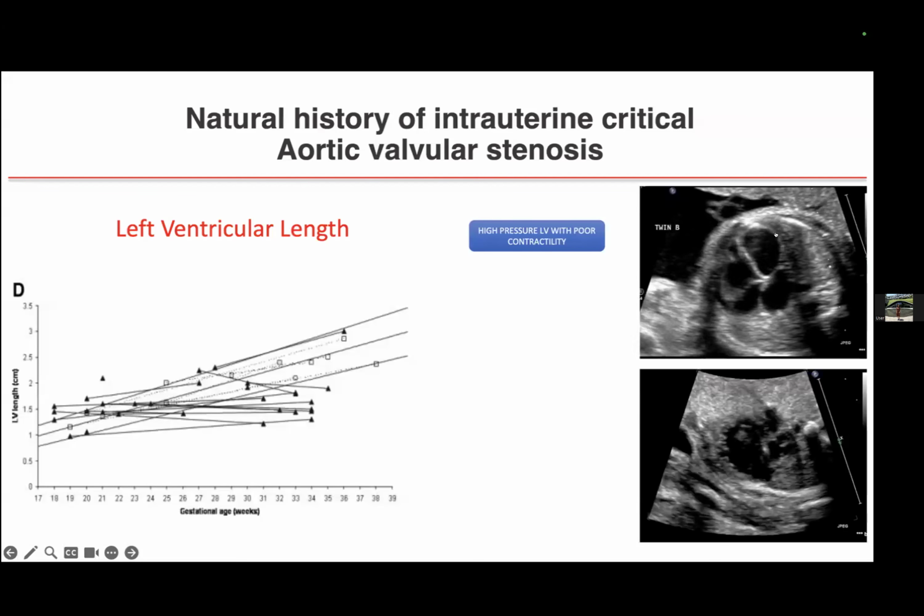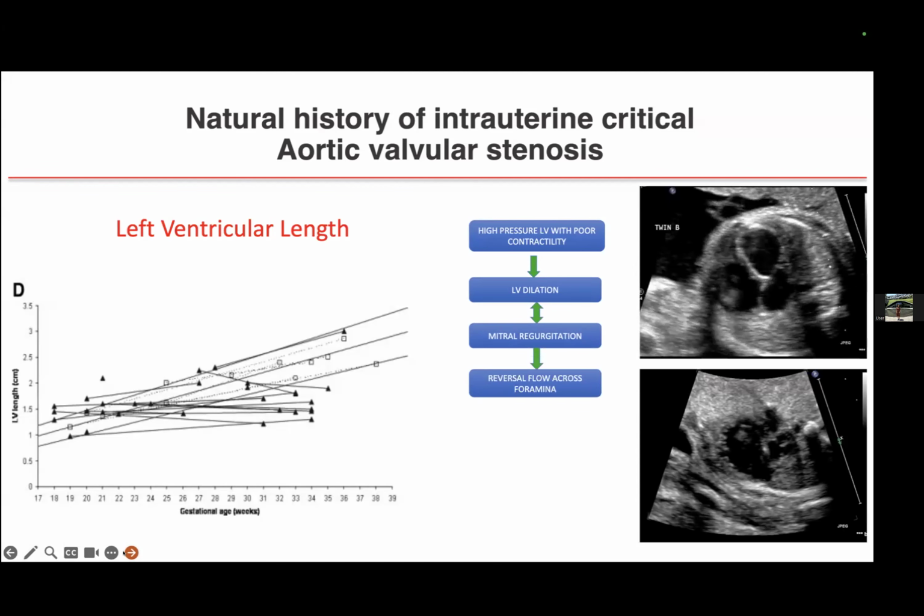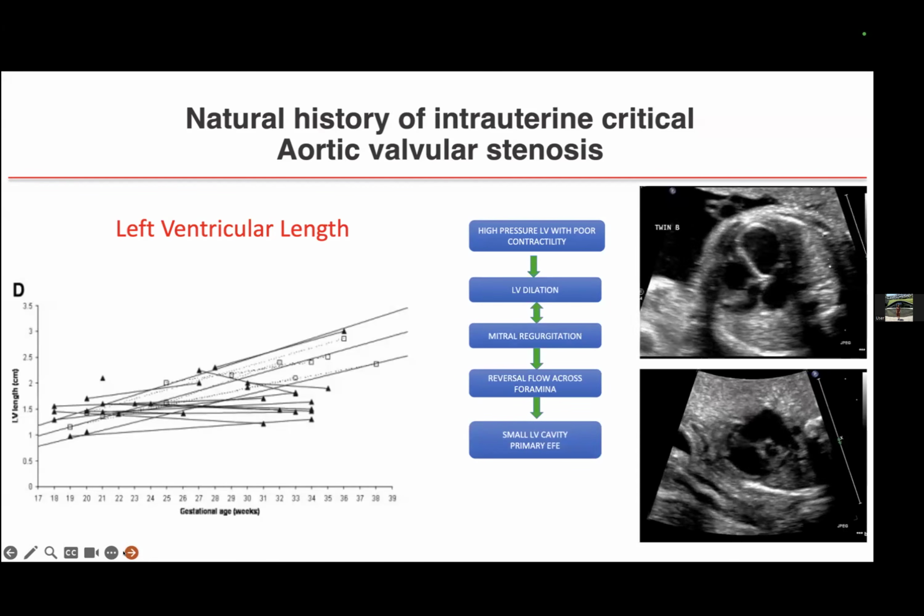But because there is a fixed outflow tract obstruction, left ventricular dysfunction starts, and therefore there is increased diastolic pressure and poor contractility, which causes left ventricular dilation, which might lead to mitral regurgitation, which would add flow reversal in the foramen ovale and would ultimately become a small left-sided cavity, and it is also added to by primary endomyocardial fibroelastosis.